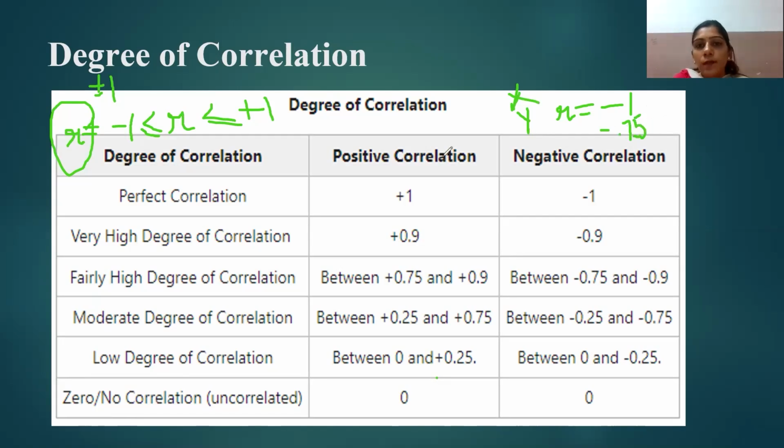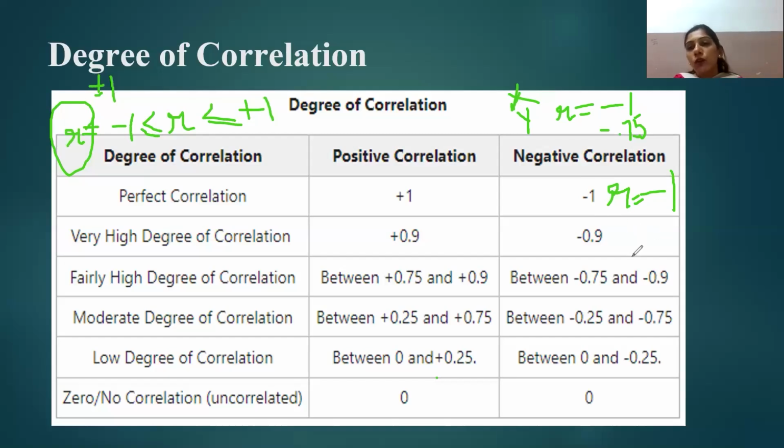An r value of exactly minus 1 indicates a perfect negative correlation.